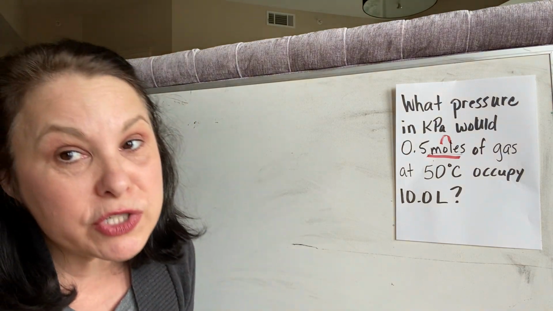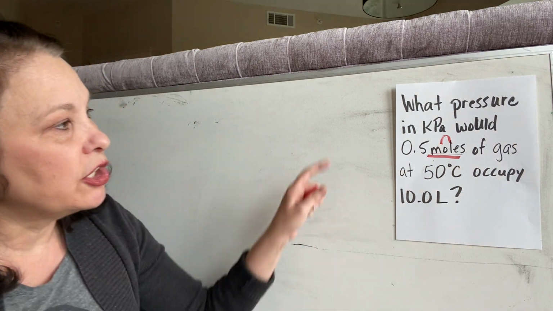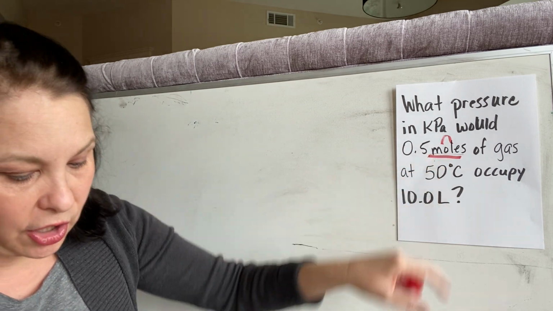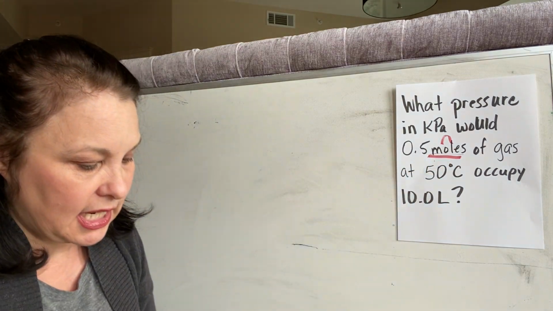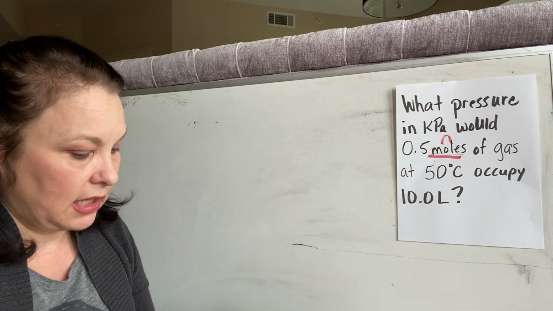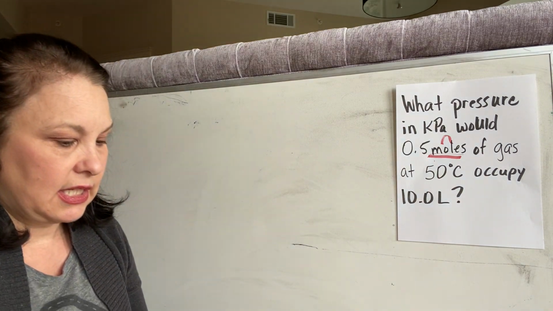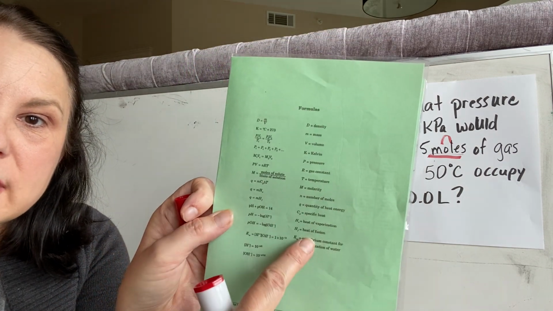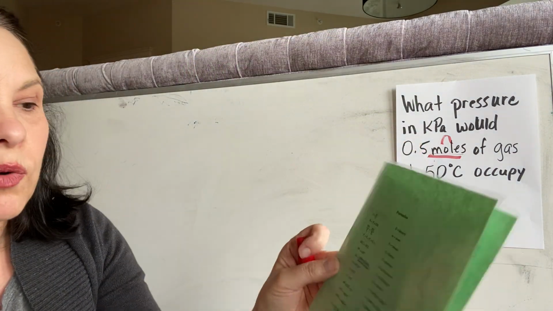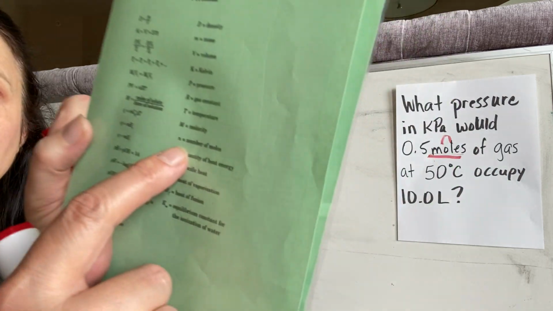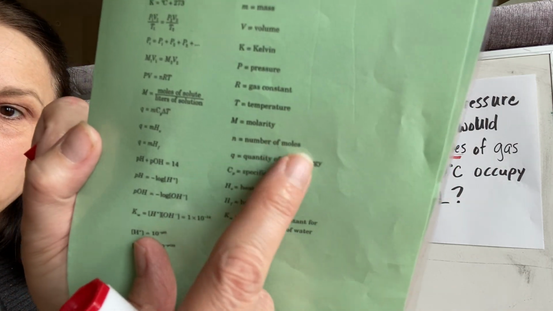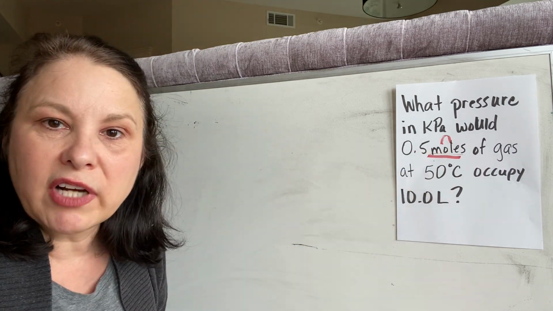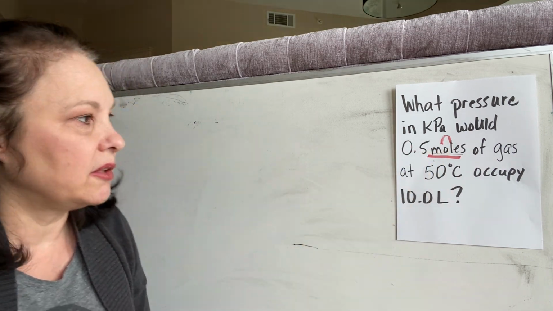Now, what's also helpful, I think, is to go and check on your reference tables, like right here, and just look at your list, and you would see, okay, where do I put moles? Well, if you look right there, it says the number of moles is N. So I know that I've got to have an N in my formula.